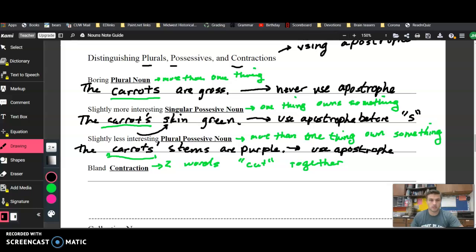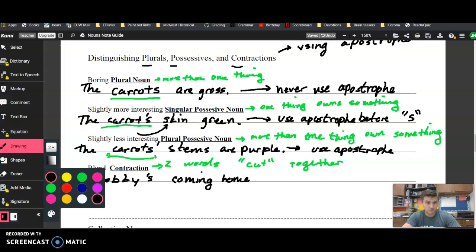That might be something like Bobby's coming home. Now, this is a little bit confusing. You can see the apostrophe and the S, and we're going to look at this word Bobby's.